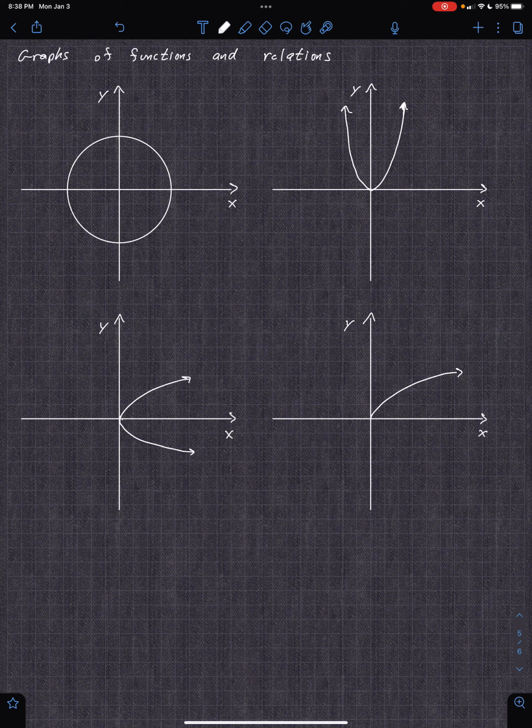Let's just suppose this equation is x squared plus y squared equal to a squared. Then this value here would be a, and this one negative a. Okay, so is this a function or not?